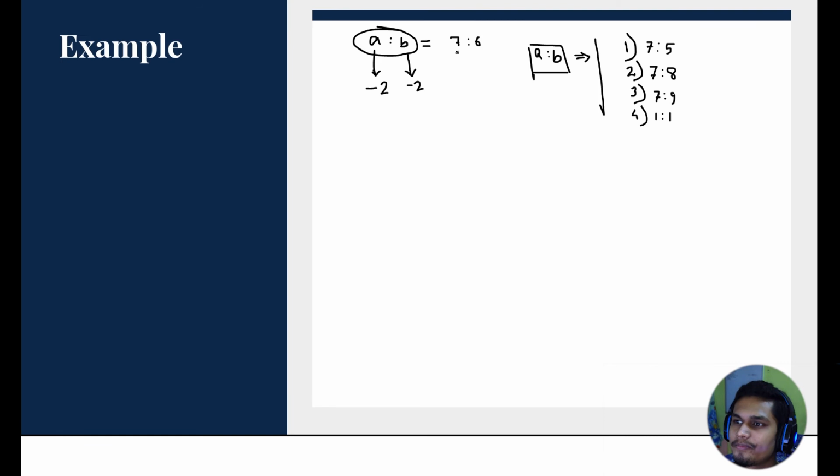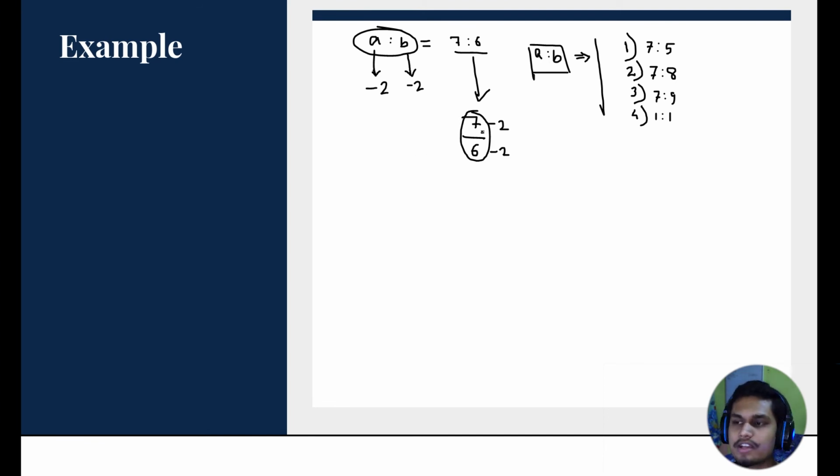Here we have 7:6. That means 7/6. Correct. Now if we subtract 2 from both, you'll definitely see that the new ratio will be greater because it is an improper fraction.